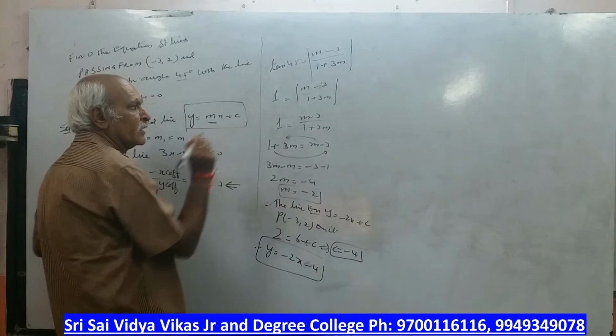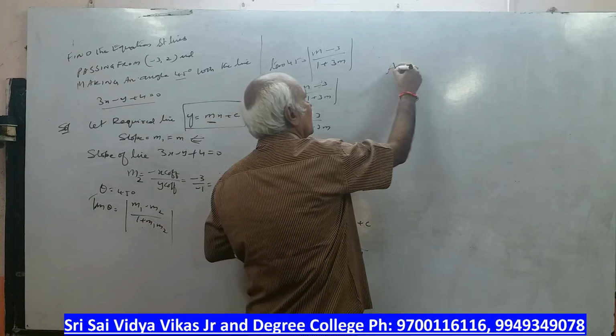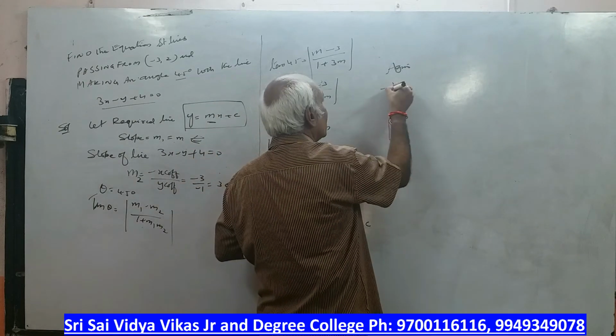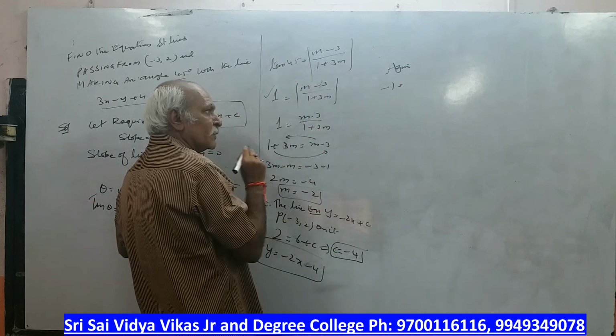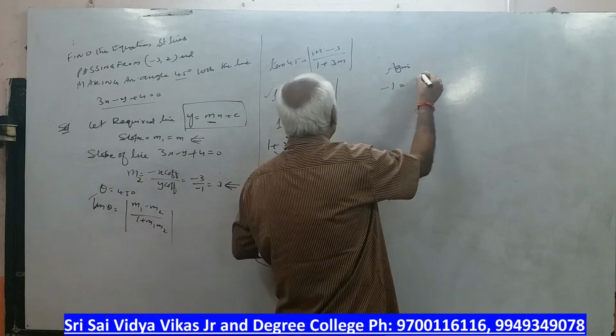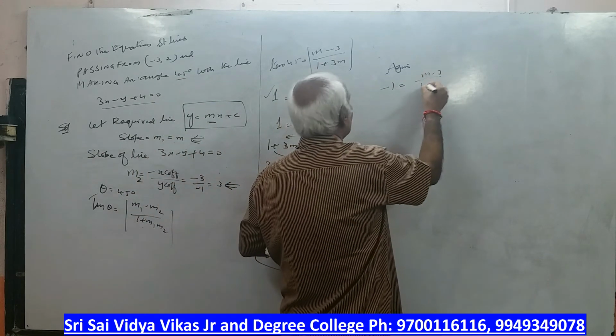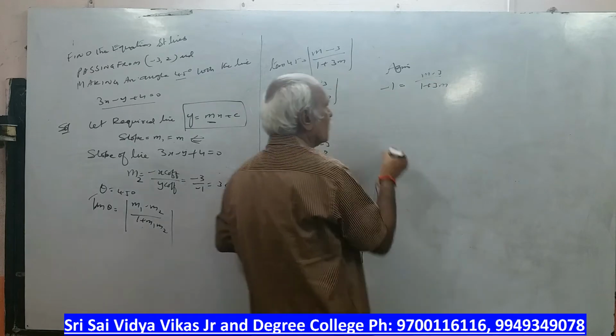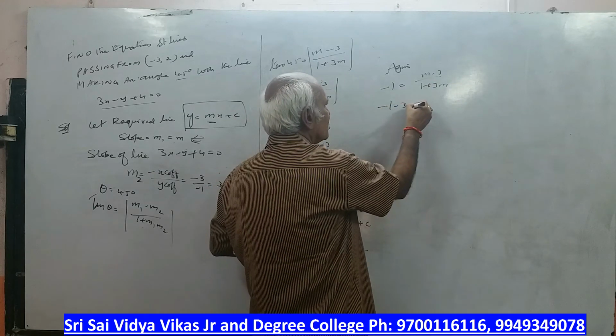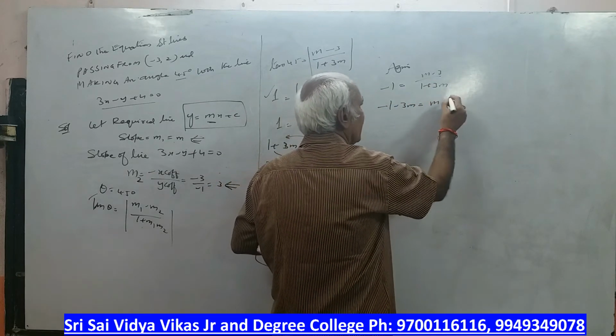So what we have done? Again, modulus is there. So minus 1 is equal to. First we have taken plus 1, now we have taken minus: minus 1 is equal to m minus 3 by 1 plus 3m. Cross multiplication: minus 1 minus 3m is equal to m minus 3.